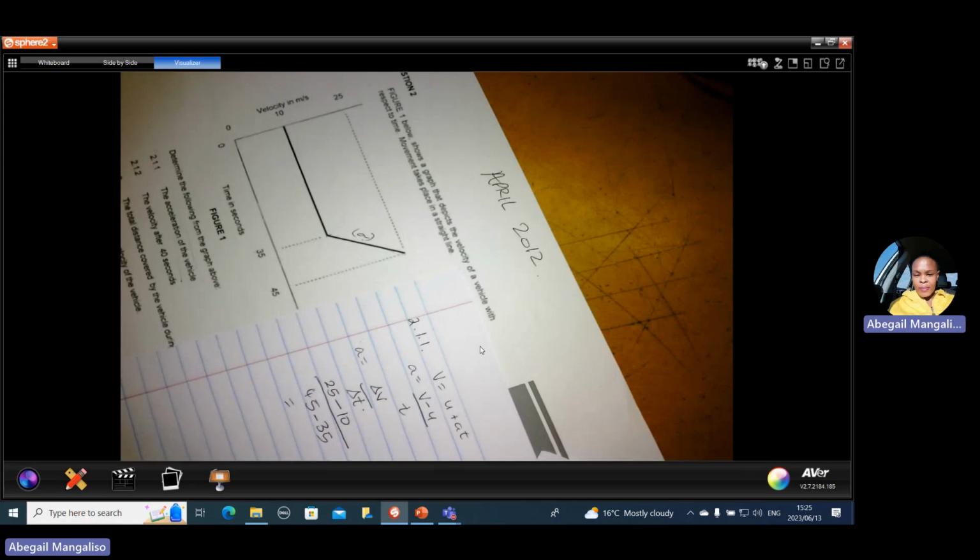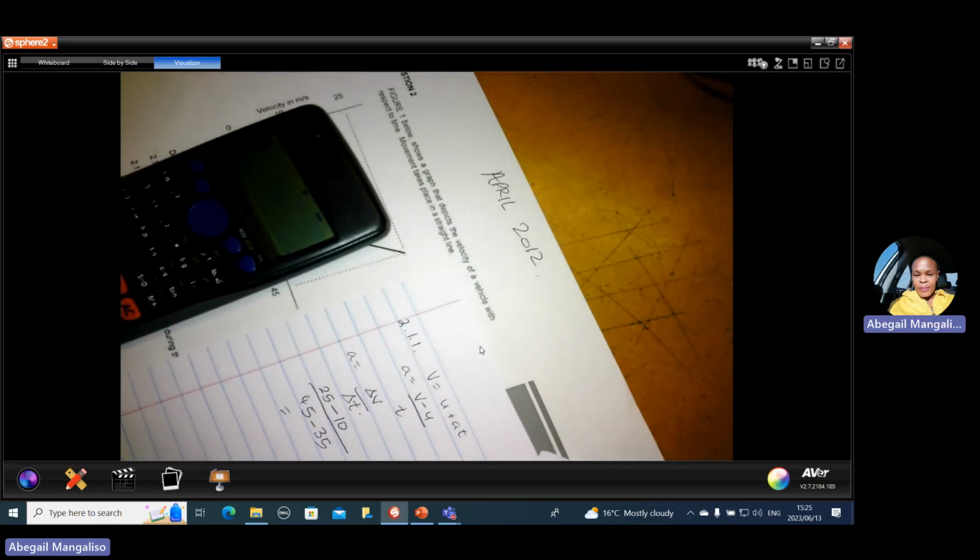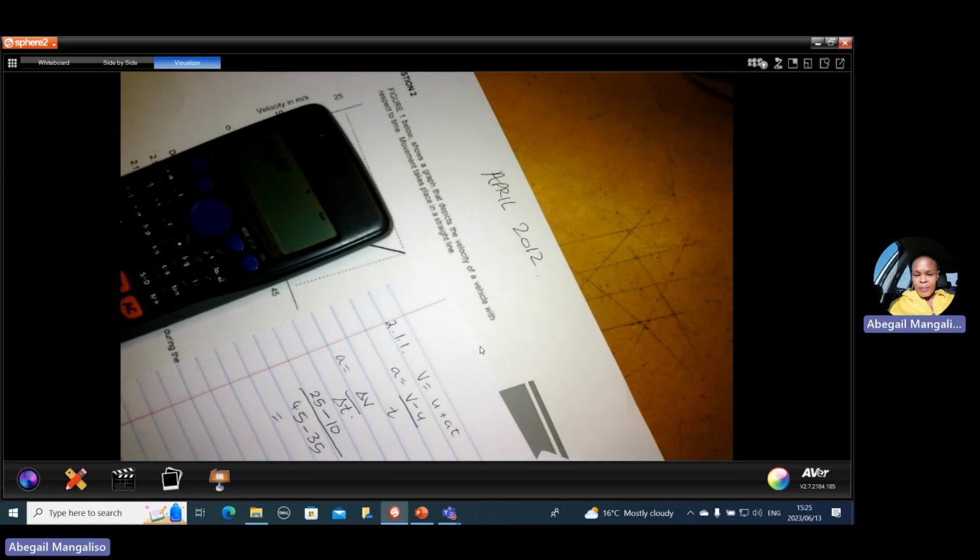Then you use your calculator to get the answer. This will be 25 minus 10 divided by 45 minus 35. And the answer will be 1,5 meters per second squared. So when calculating acceleration, you always get a positive answer because the speed is increasing.